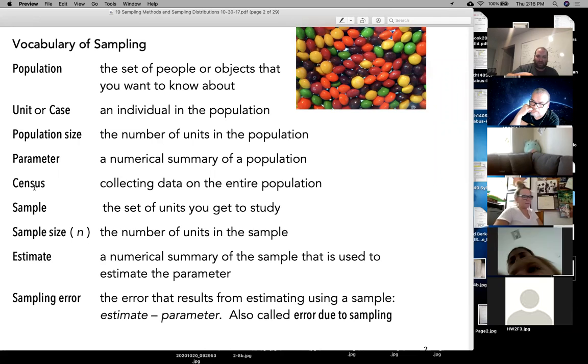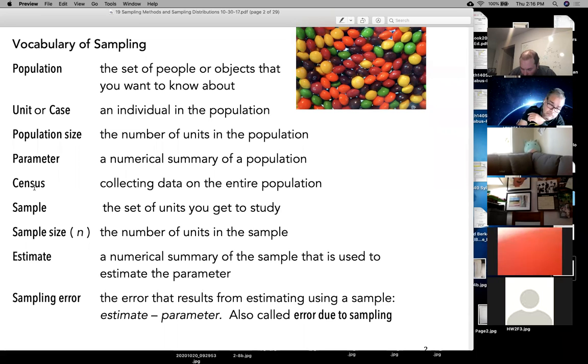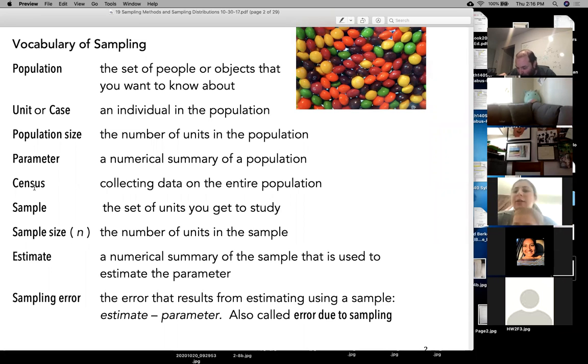A census is when you collect data on the entire population. How often does the United States perform a census? Anyone know? Every 10 years.